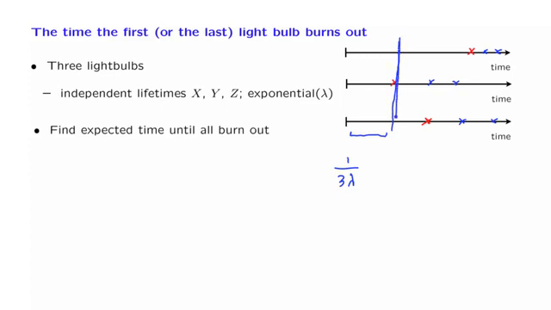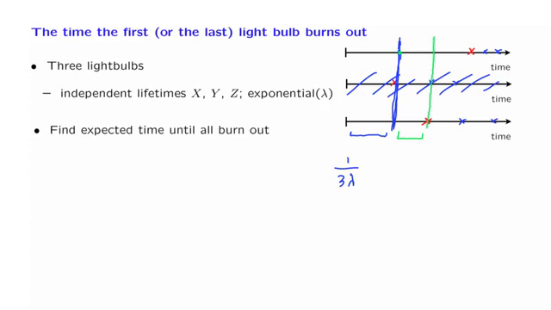What happens at this time? The first light bulb has burned out, so we can forget about it. Take it out of the picture. We have two light bulbs. Let us look at the time it will take until one of these two light bulbs burns out. So we're interested in this period of time. Now, the Poisson process starts fresh at this time. After this time, whatever happens is just an ordinary Poisson process as if it was starting at this time.